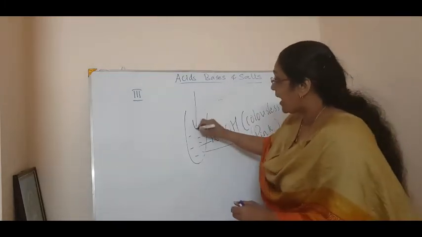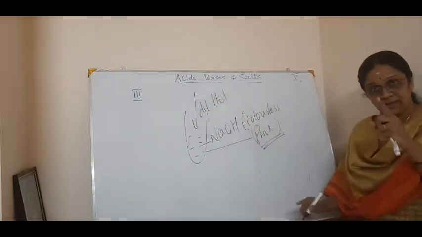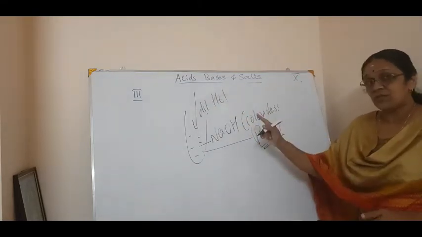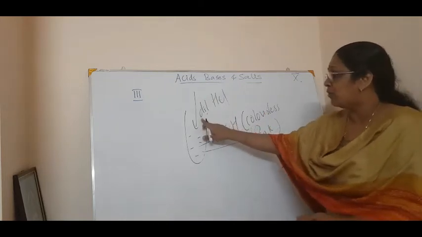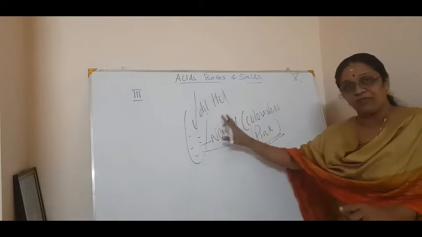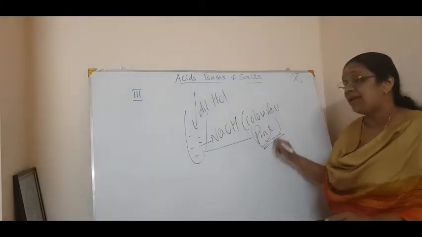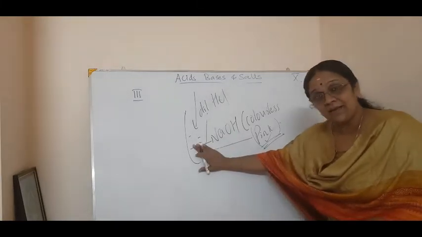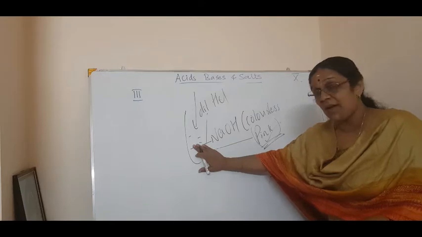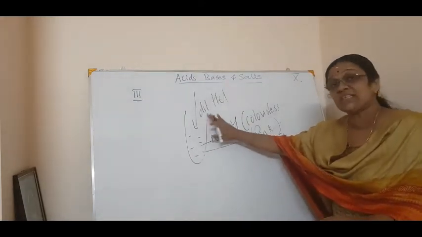Now if you add dilute HCl into this solution, listen carefully. First, you took NaOH and put 2 drops of phenolphthalein into it, a synthetic indicator, which shows a pink color in alkaline medium. Now this solution is alkaline, that is a basic solution. Now what happens if you drop some dilute hydrochloric acid, which is an acid?